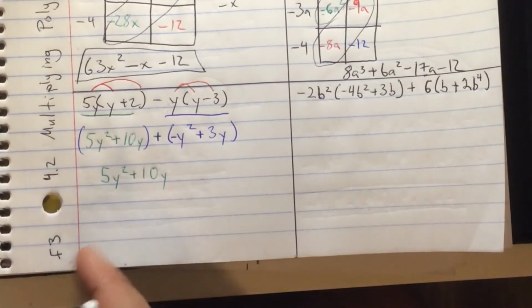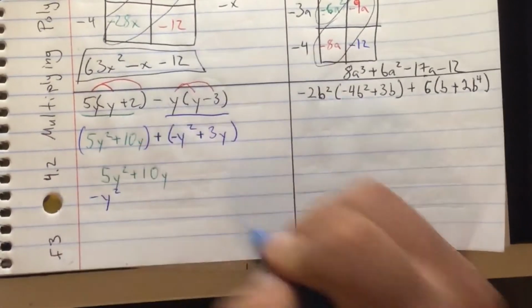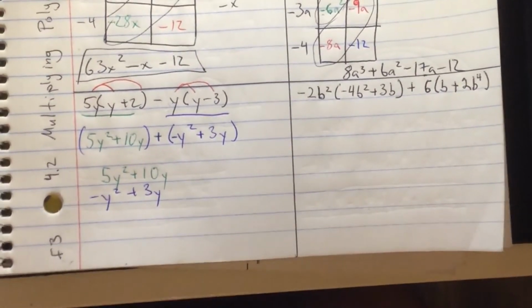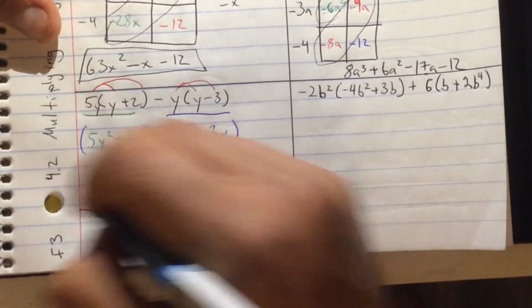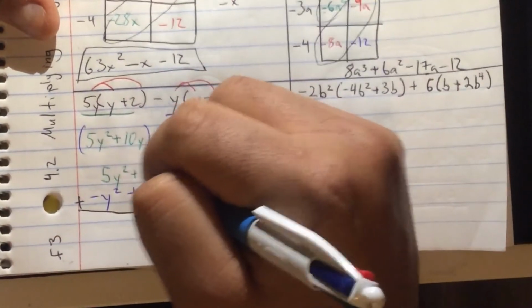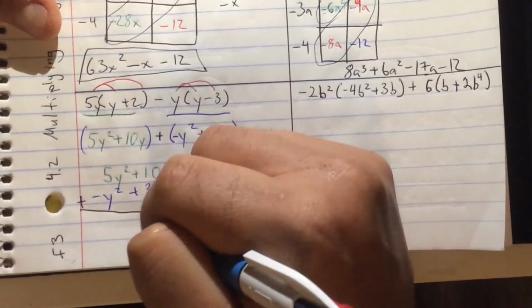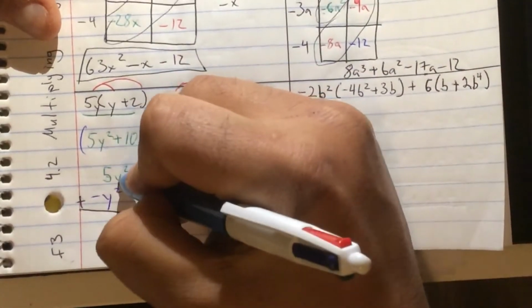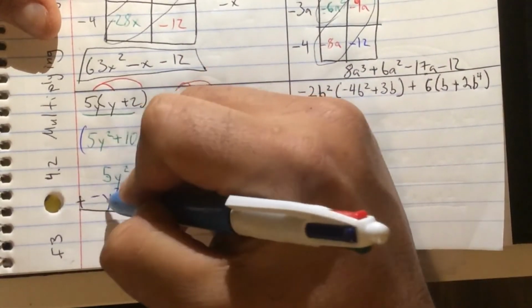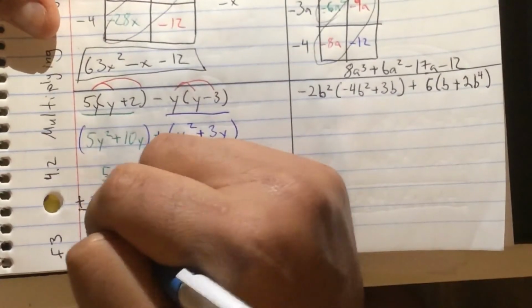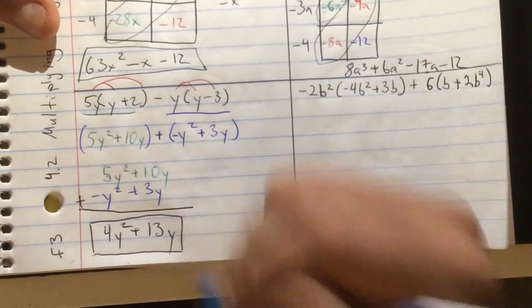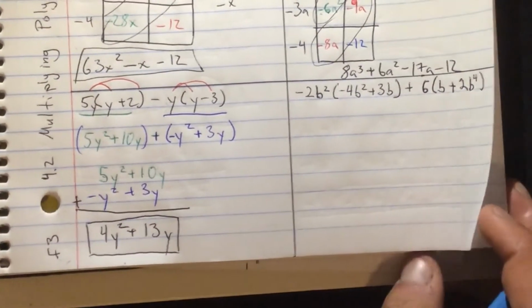And there's no y cubed, so I don't have to worry about adding a 0 for that either. We have a negative y squared plus a 3y. And now we're just going to add. So 10y plus 3y is positive 13y, and 5y squared minus y squared would give us a 4y squared. And this would be our answer after we did our multiplication and then our subtraction.